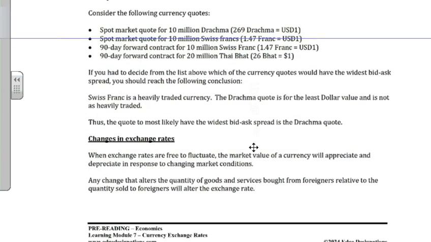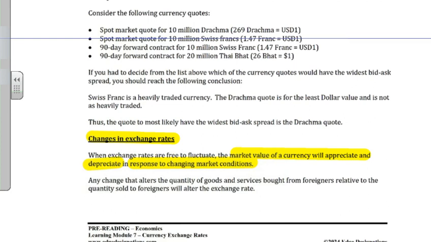Okay, generally speaking, when exchange rates are free to fluctuate, there are no currency controls in place. The value of a currency will appreciate, and on the other side will depreciate as it responds to changing market conditions.